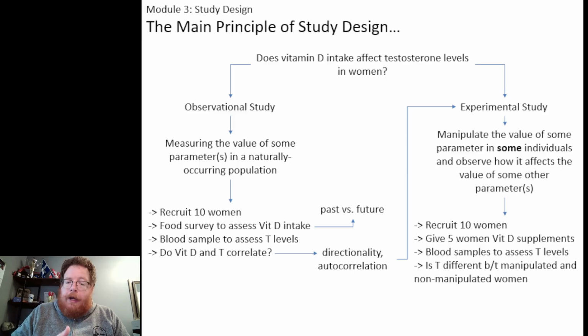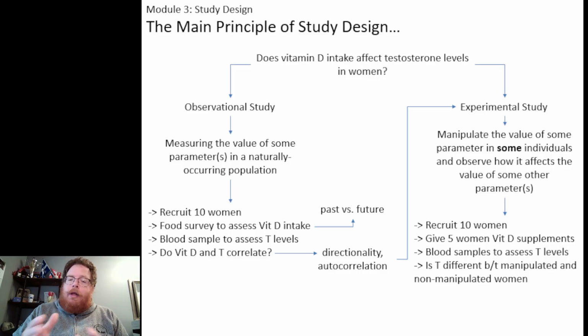And that experimental study, if it shows that yes, testosterone is higher in women given vitamin D, then now I have experimental support that vitamin D is influencing testosterone, and it complements my observational data.